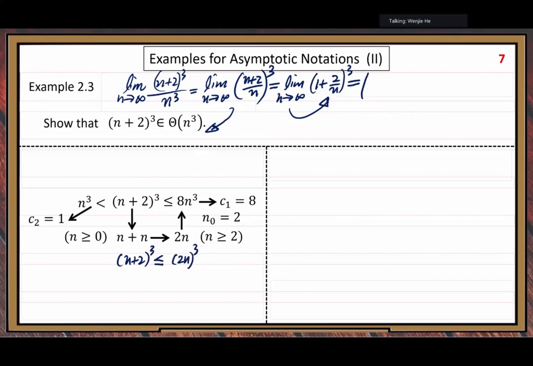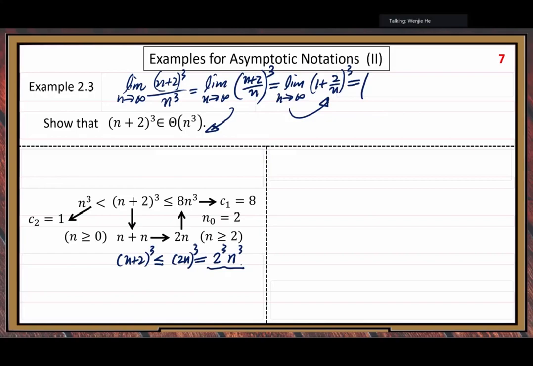And by the property, you know the property? That's the way I wrote it. All right, this property.